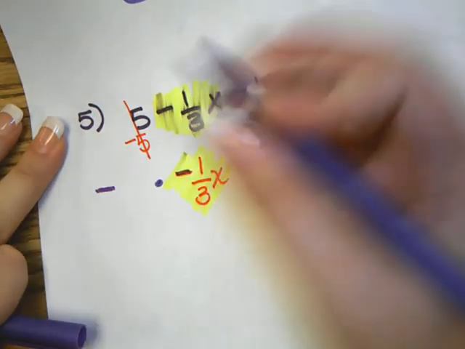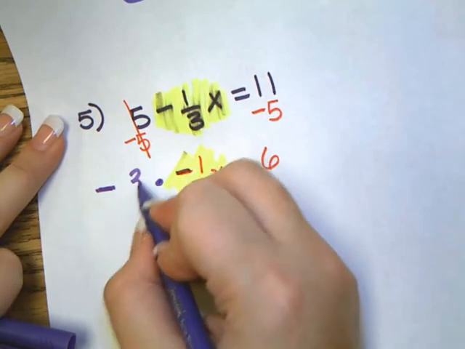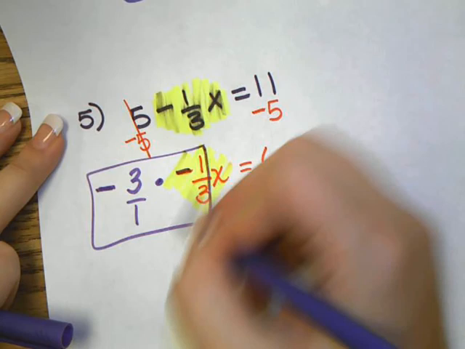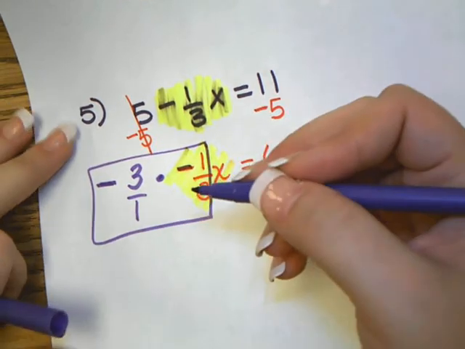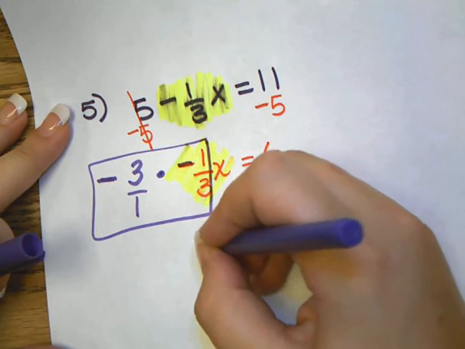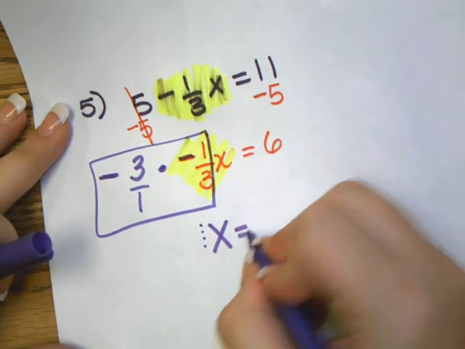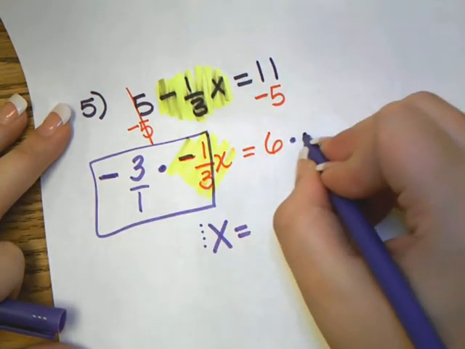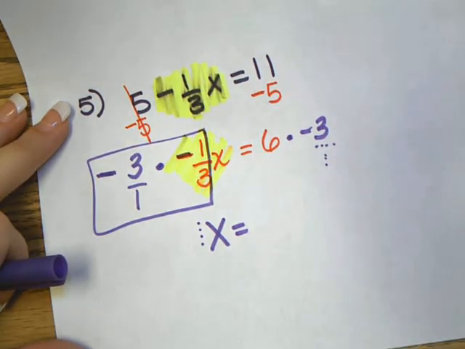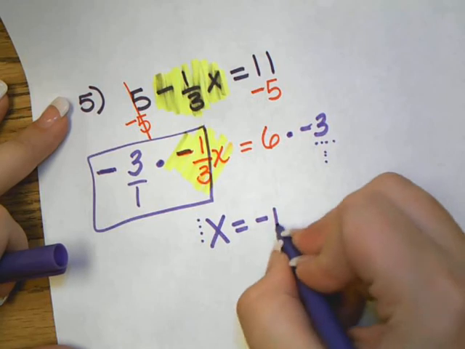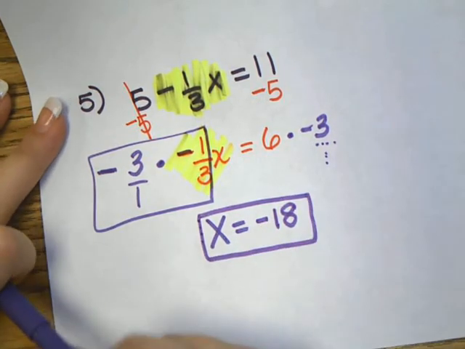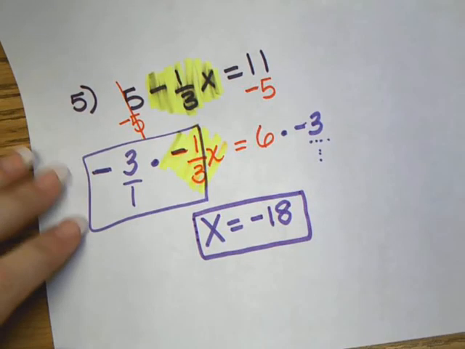So instead of dividing, we're going to multiply by the reciprocal. That negative just comes along, and if we flip-flop these, we get 3, or you could put the 1 there, but this cancels. They're reciprocals. We proved in section 5.3 reciprocals equal 1. That equals 1. Whatever we do here, we have to do on this side, so we need to multiply this side by negative 3. So we get x equals negative 18.